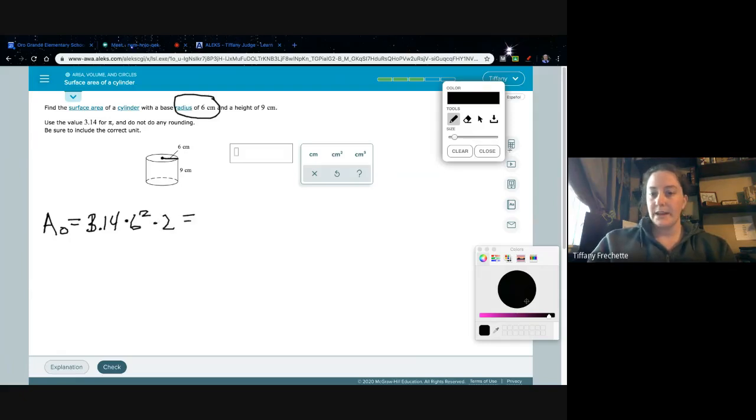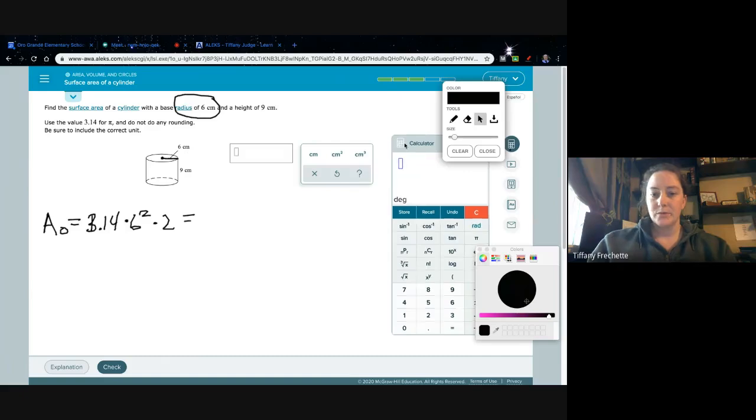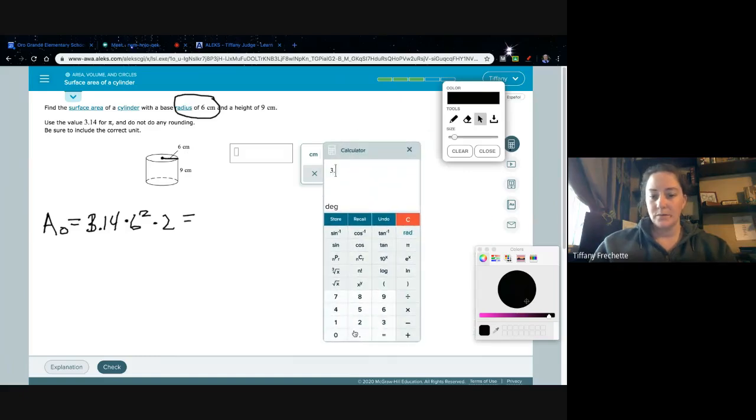So we get 3.14 times 6 squared times 2. All right, so we get 226.08. And then, oh, that's centimeter squared. I forgot to write centimeter squared.